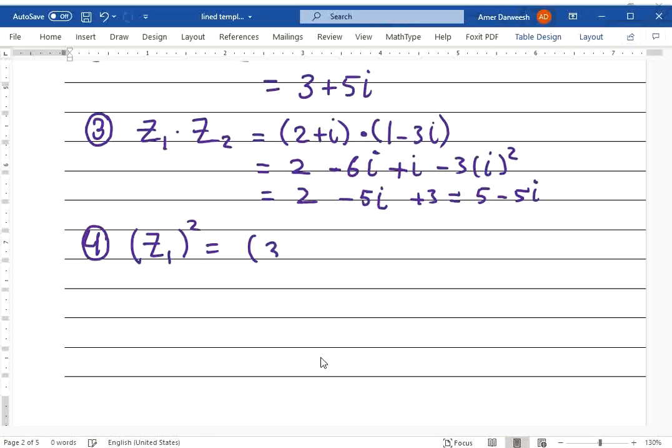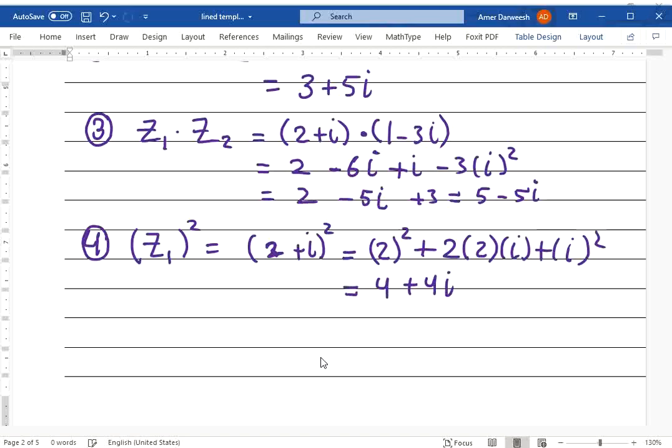So على ما أذكر كانت 2 plus I squared. إذا بستخدم expansion: 2 squared plus 2 times 2 times I plus I squared. ونستخدم الآن خواص ريال وخواص الكومبلكس. هاي بتعطينا 4 plus 4I, I squared which is minus 1. إذا الأنسر عندي 3 plus 4I.